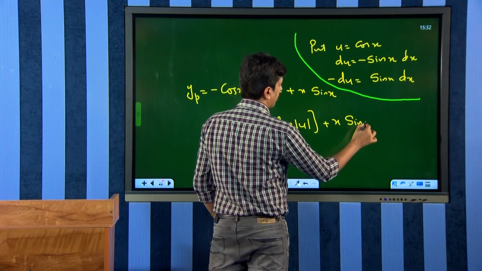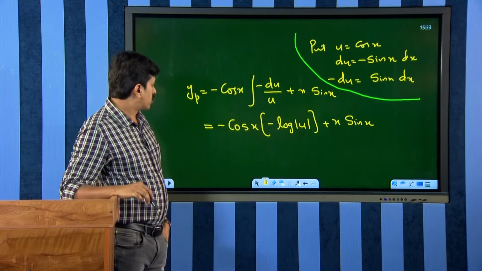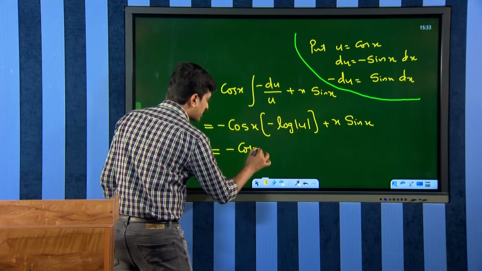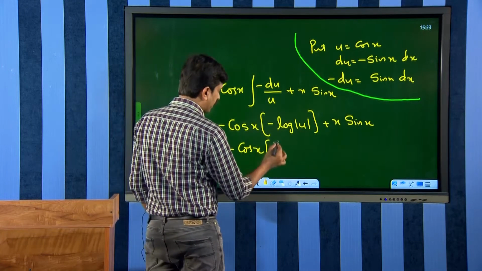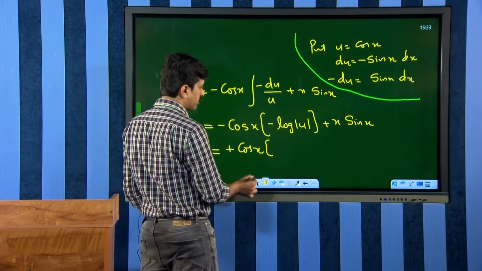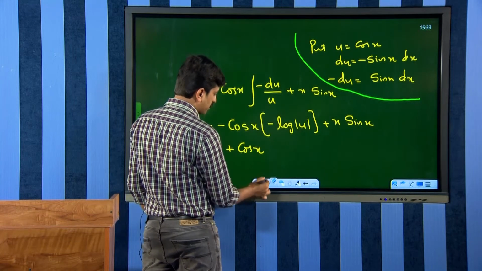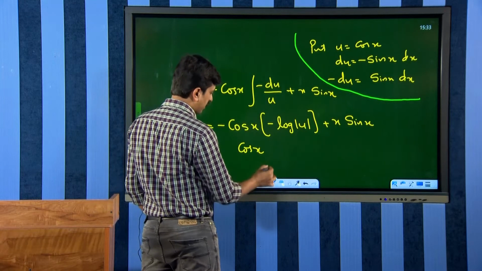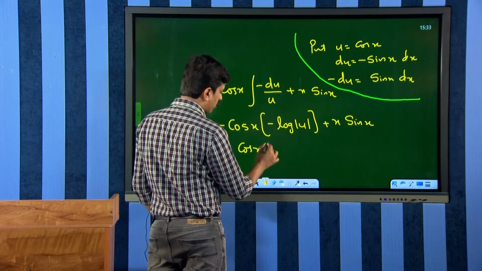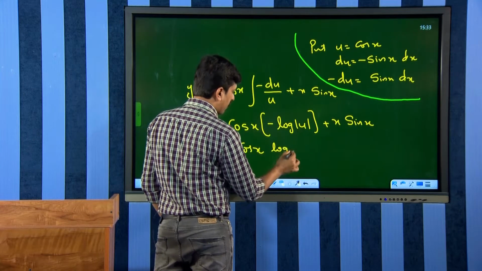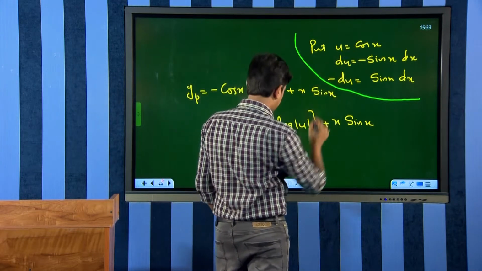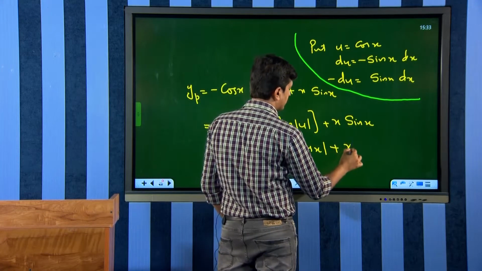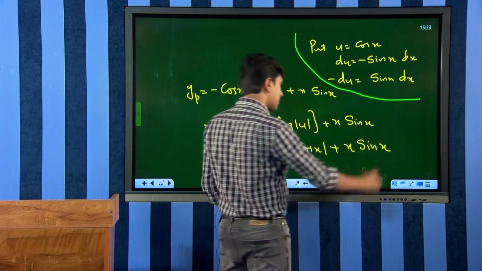Replacing u by cos x, the two minuses make a plus, so we get yp equal to cos x into log mod cos x plus x sin x.